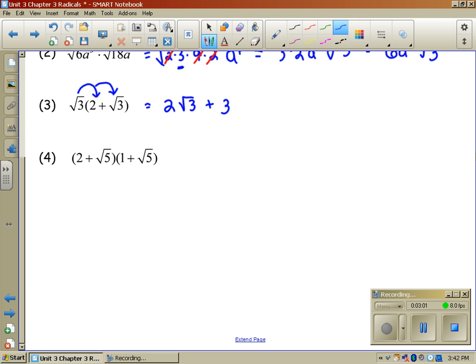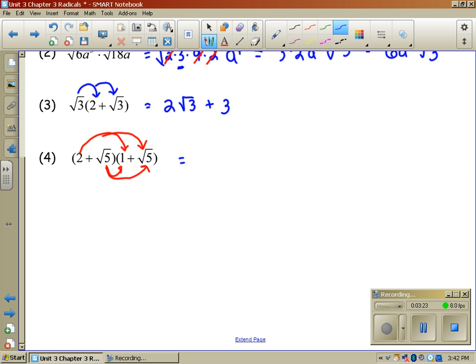And then the final thing that we can do with multiplying is foiling, the distributive property twice. So if we have a binomial times a binomial, we take the first thing and distribute it to everything in the parentheses. Then we take the second thing and distribute it to everything in the second set of parentheses.